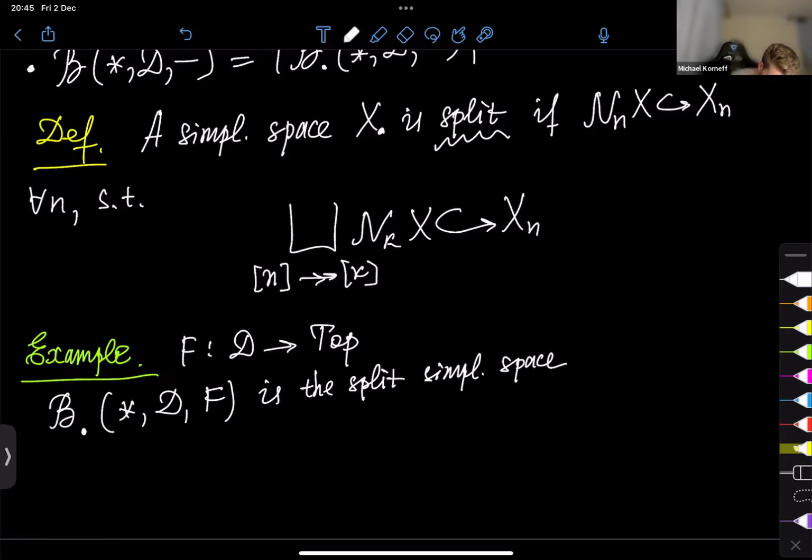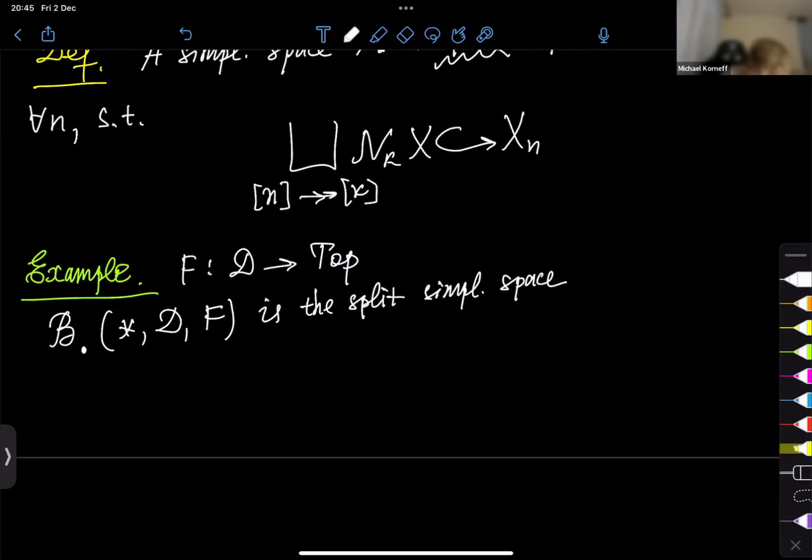The reason is that we know this is just a coproduct over elements of the nerve.